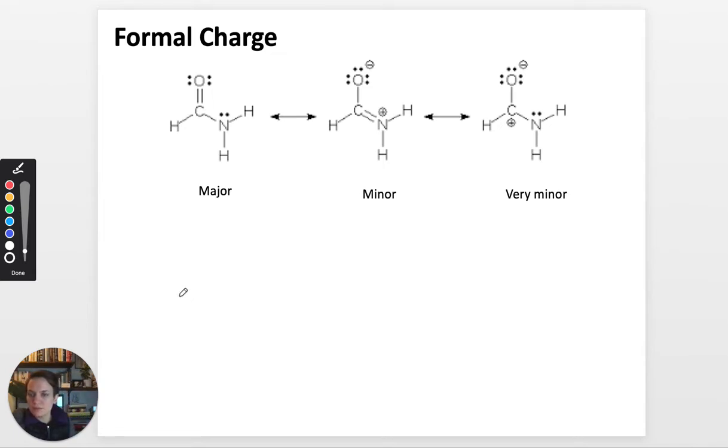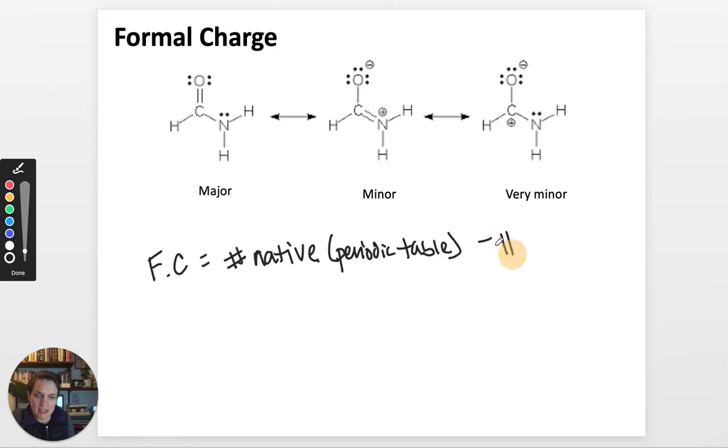So again, remember, formal charge is the number native, from the periodic table, minus the number assigned in the Lewis structure. Cool.